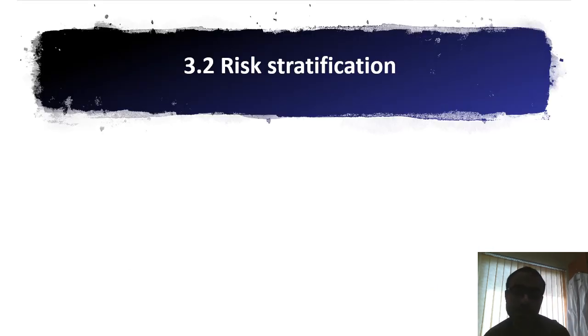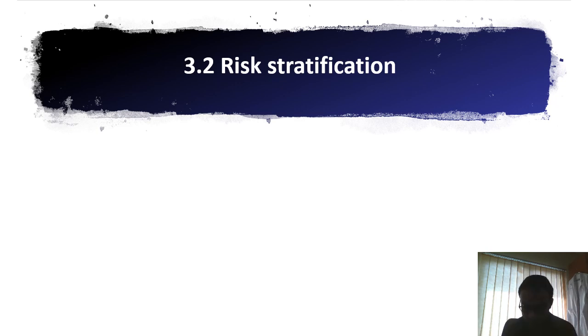Okay, coming to the risk stratification, where most of the cases will be stratified, and according to this stratification, the treatment will be built. So we can consider risk stratification the basis for therapeutics.